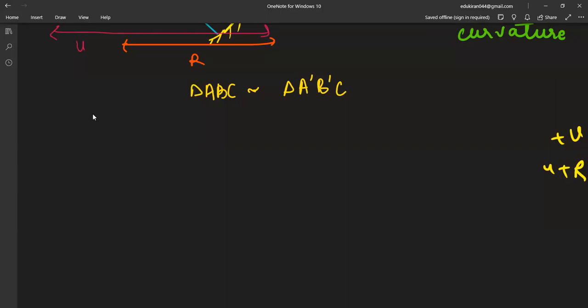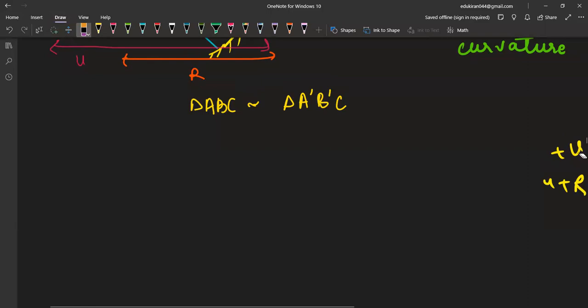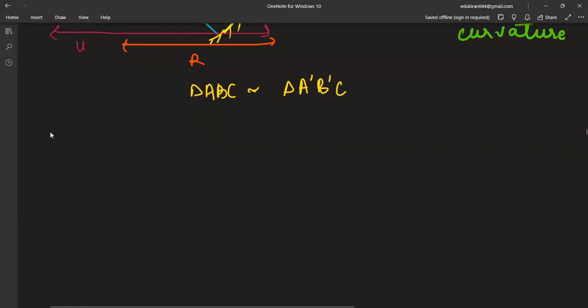When two triangles are similar, we can say AB by A dash B dash is equal to BC by B dash C is equal to AC by A dash C. All of these become similar.